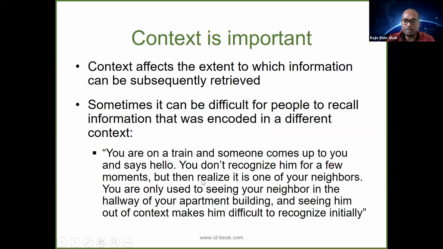One example given in the book is that you see one of your neighbors on the train, and you may have a hard time recalling who this person is. But if you see the same person in your neighborhood, or in some community hall beside you, at a marriage, you may recall earlier than if you see the person at some unknown place. So context is often important, as you have seen in this example.